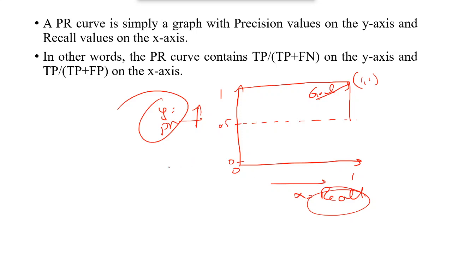The precision formula is TP by TP plus FP, and recall is equal to TP by TP plus FN.